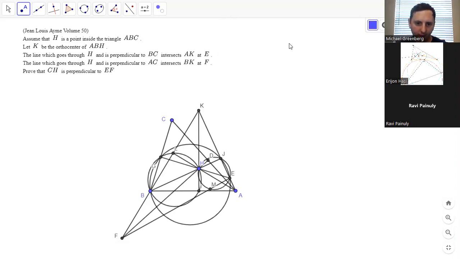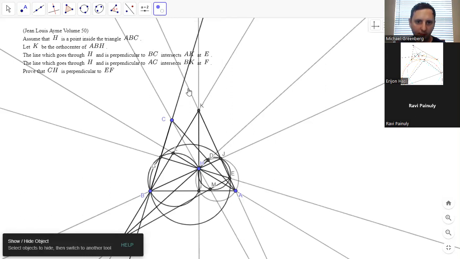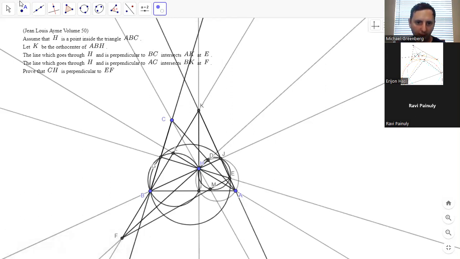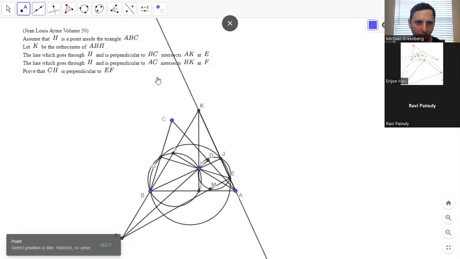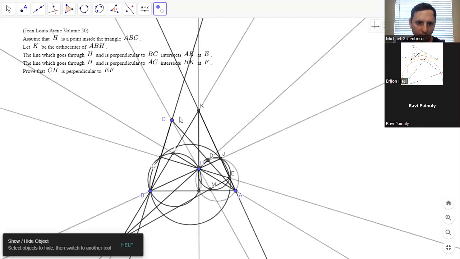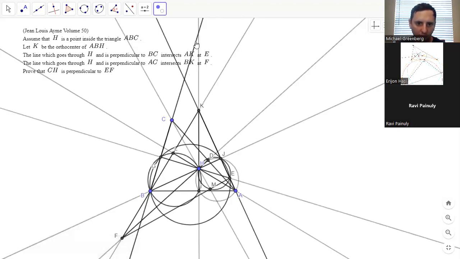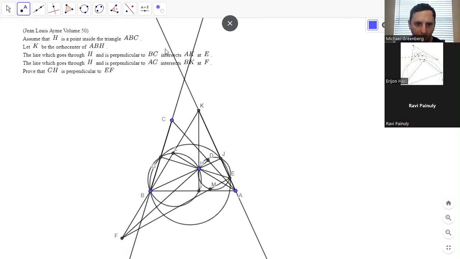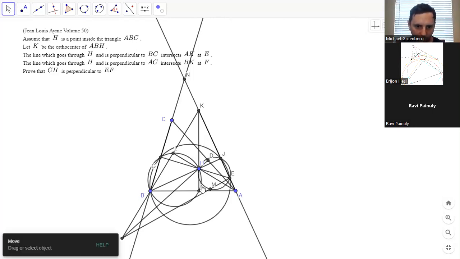Actually, I kind of like this because it uses all the different right angles. So what if I brought back this point? Basically, I'm saying N lies on the radical axis of those two, right?